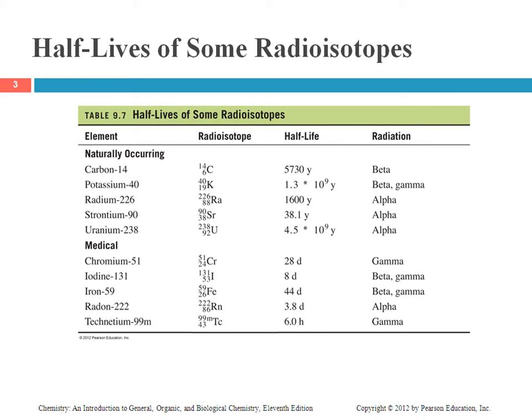But one of the big problems with this is that because the half-life of some of these radioactive isotopes takes so long to decay, we run out of places that we can store and dispose of radioactive material.